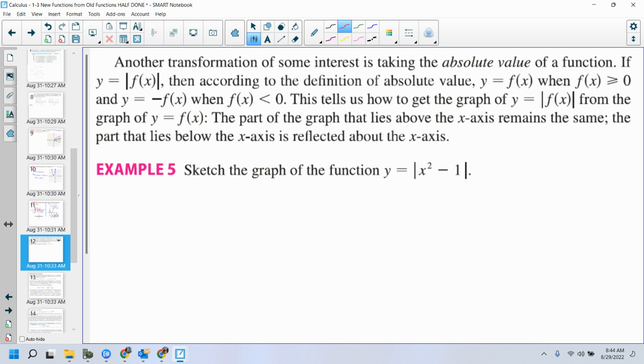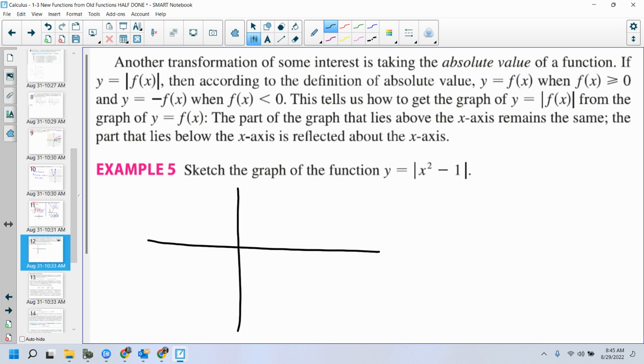Anything below the x-axis is going to reflect upward, because anything that would have come out negative is going to come out positive. Anything that would have normally been negative is going to shift upward to be positive.